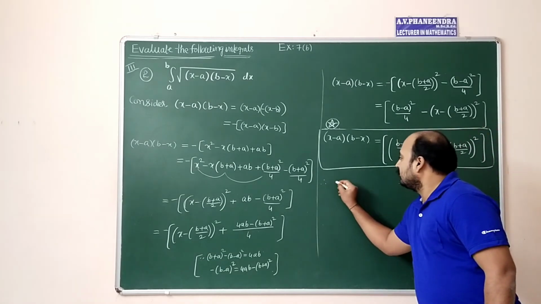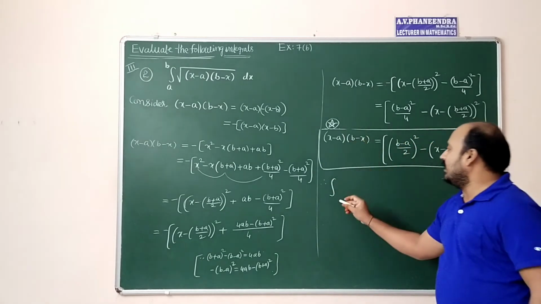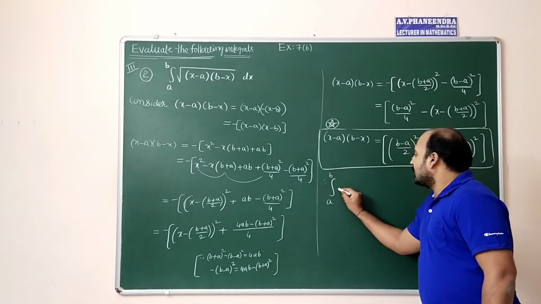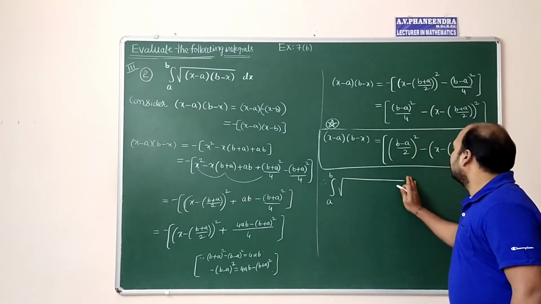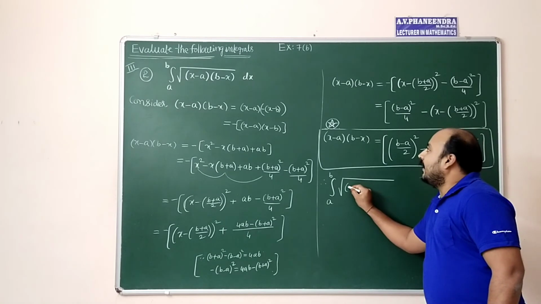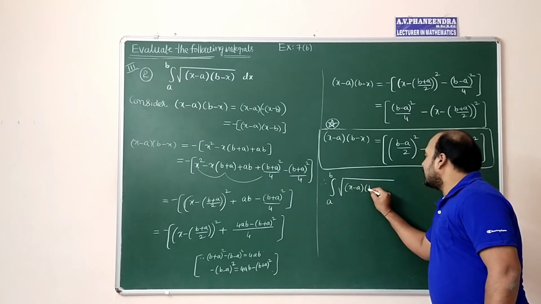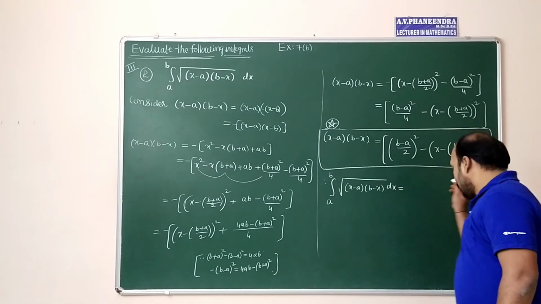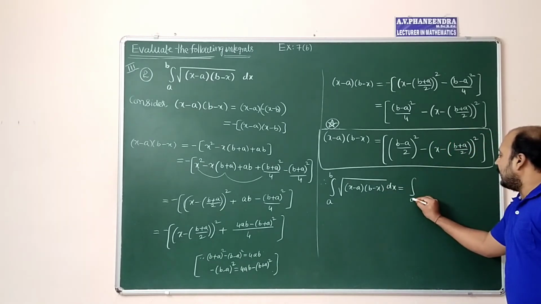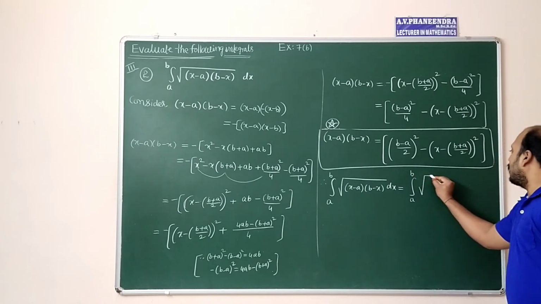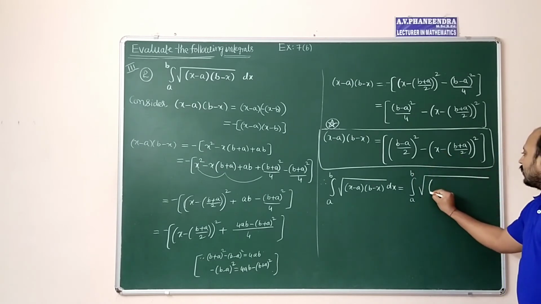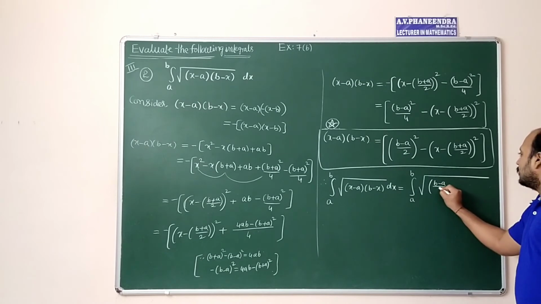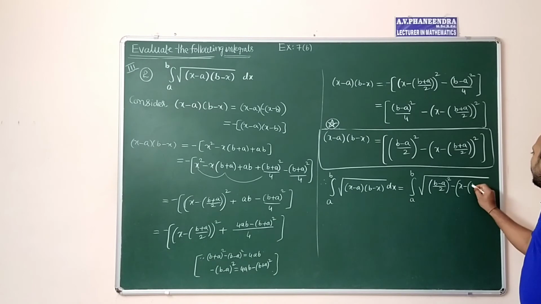Therefore, integral a to b square root of (x minus a) into (b minus x) into dx is equal to integral a to b square root of ((b minus a)/2) whole square minus (x minus (b plus a)/2) whole square.